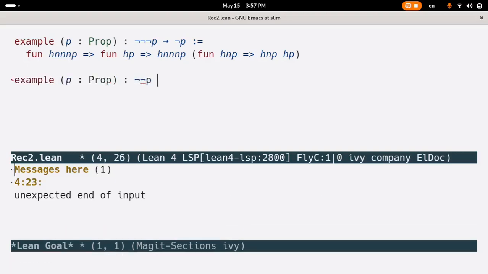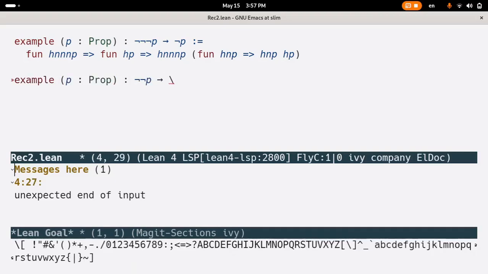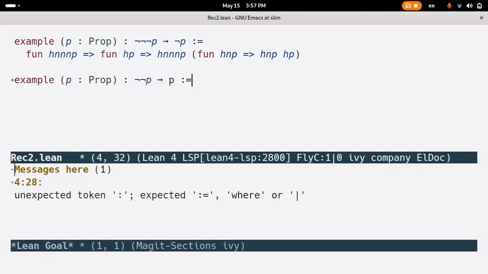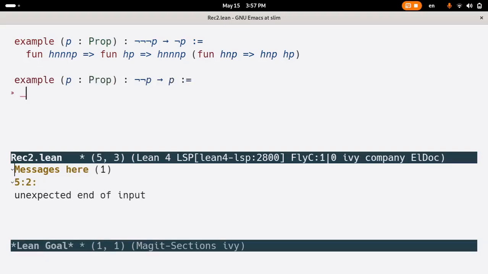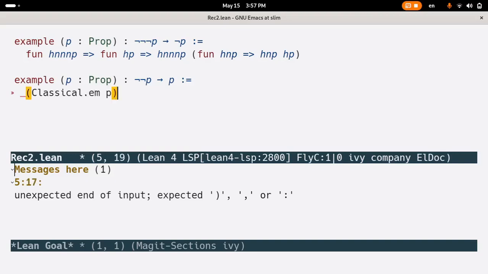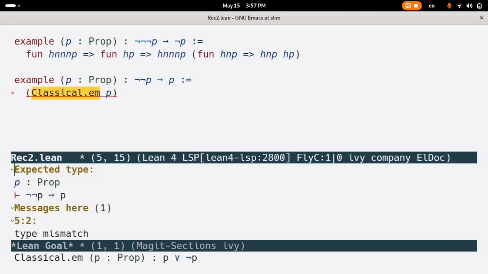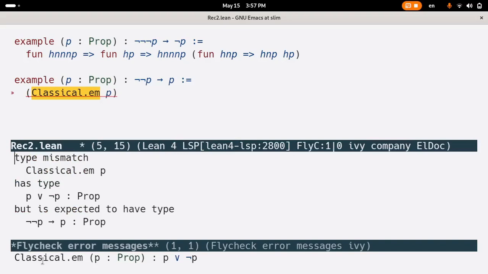Let us try and prove double negation elimination. So we cannot prove this in constructive logic. We need a tool from classical logic, which is called the law of excluded middle. Observe, it is a proof of P or not P given a P which is a proposition.